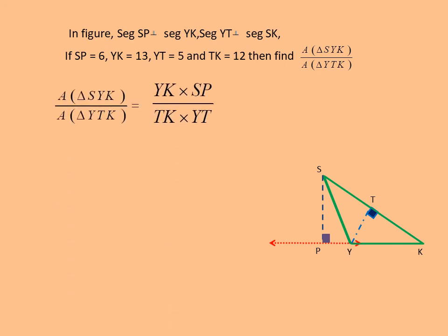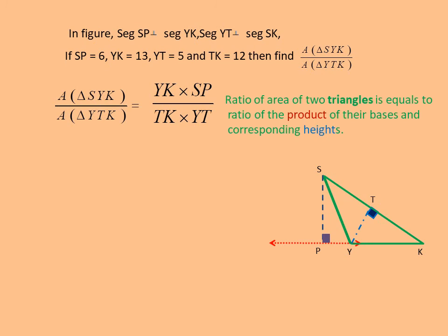So we have area of triangle SYK upon area of triangle YTK equals YK into SP upon TK into YT. The reason is the ratio of the area of two triangles is equal to the ratio of the product of their bases and corresponding heights.